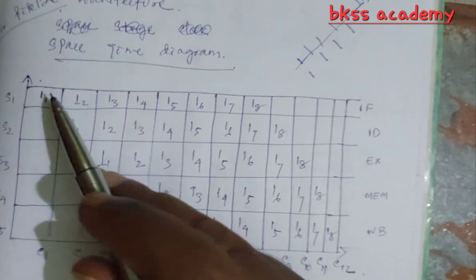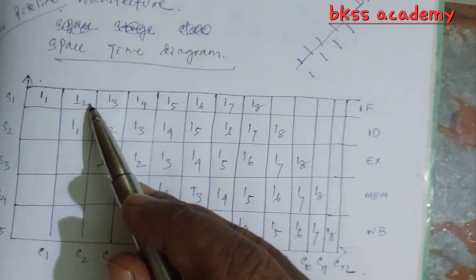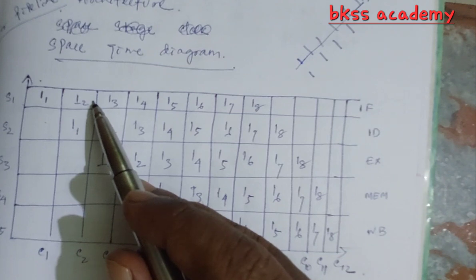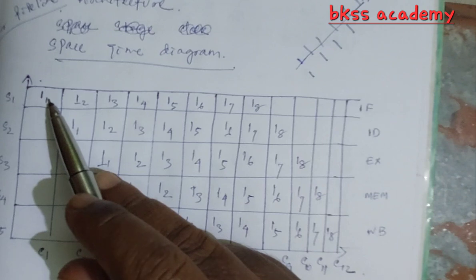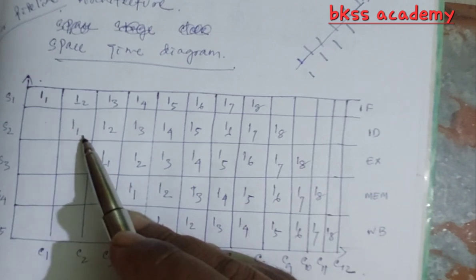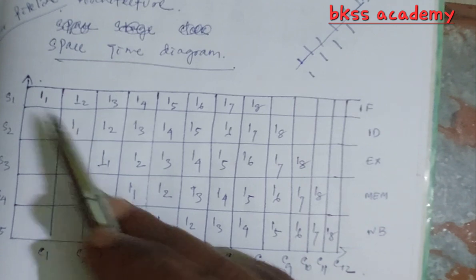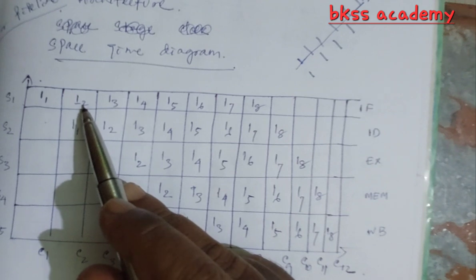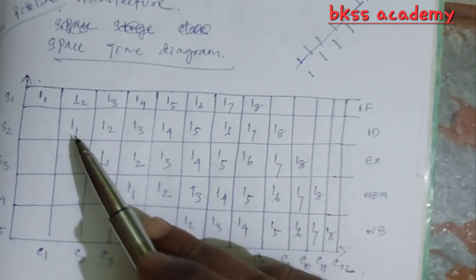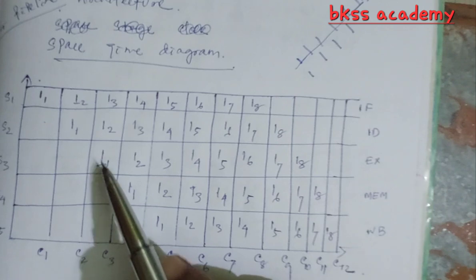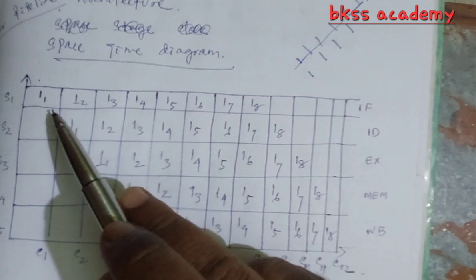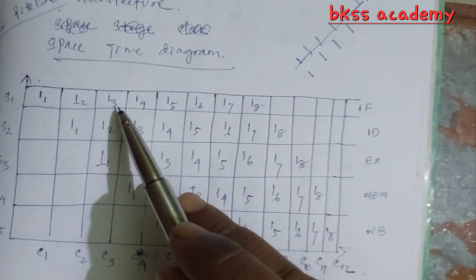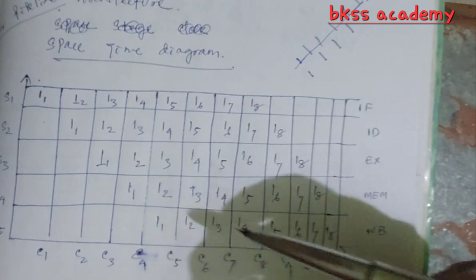In clock cycle 2, instruction 1 will transfer to the second phase, that is instruction decode, and in between that, instruction 2 will be fetched. Similarly, when instruction 1 is executed, instruction 2 is decoded, and in between that instruction 3 can be allowed into the instruction fetch phase. Similarly, this process will go on.